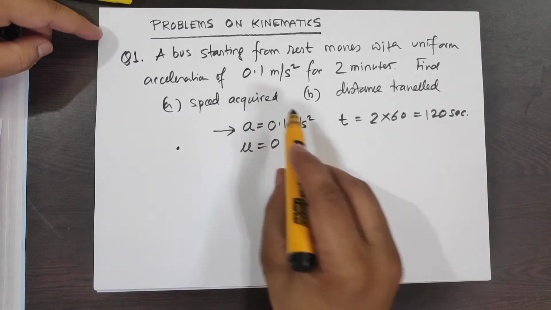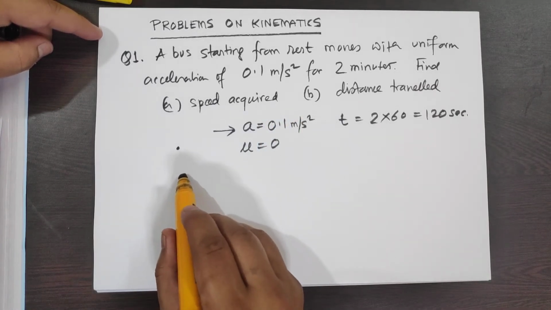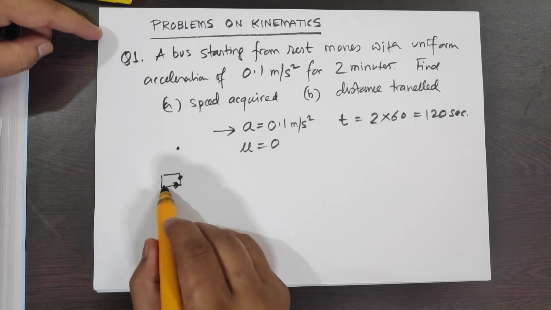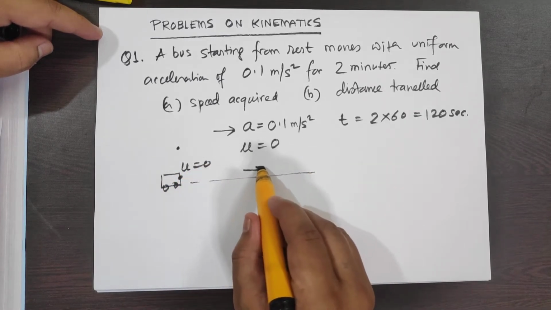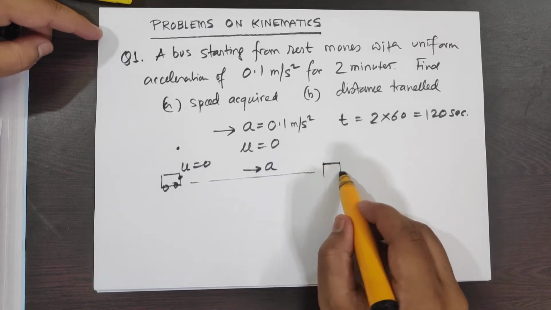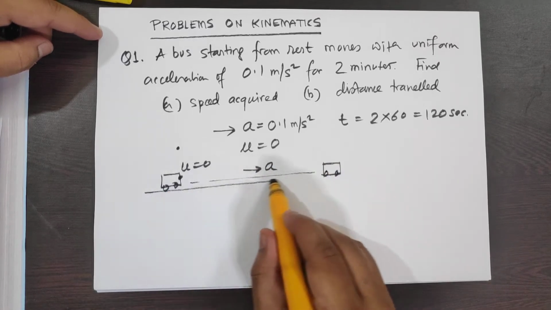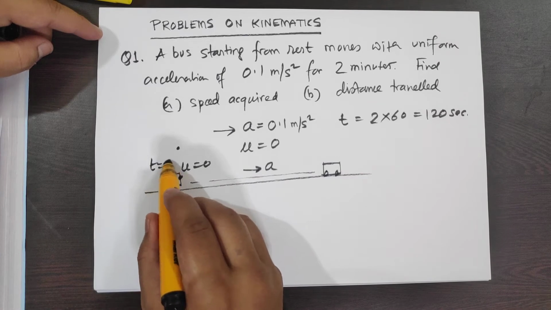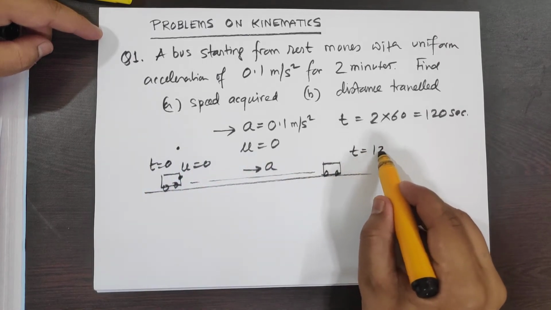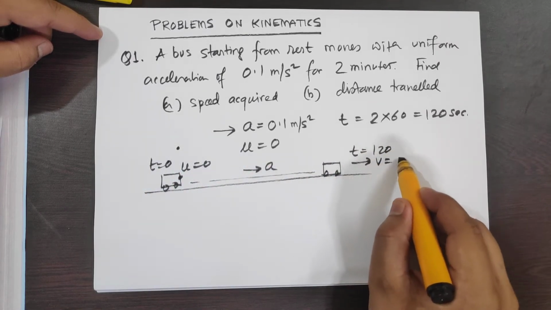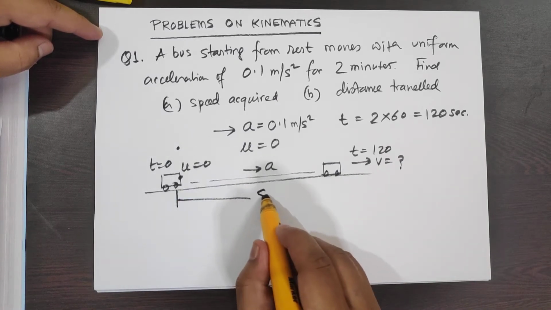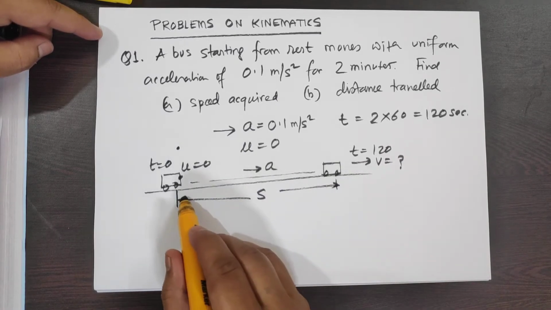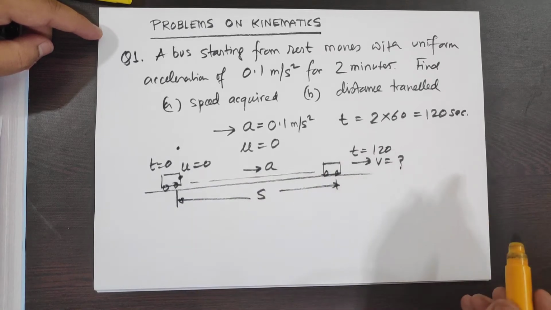So what we have to find, the speed acquired, that means it was starting here, u equal to 0, then with constant acceleration a. Now this is time t equal to 0, this is time t equal to 120. You have to find out the velocity and also the distance traveled or displacement, same as direction does not change.